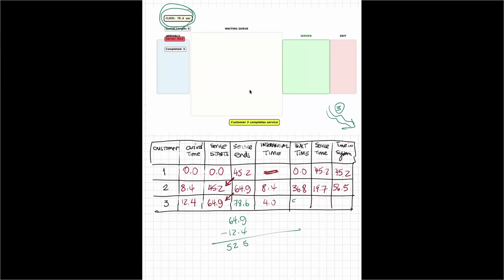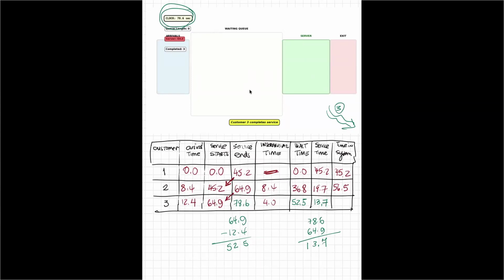This customer waited 52.5 seconds to be helped. And then the service time was 78.6 minus 64.9. Maybe you can do this with Excel as opposed to doing it by hand like I'm doing it here. 13.7.